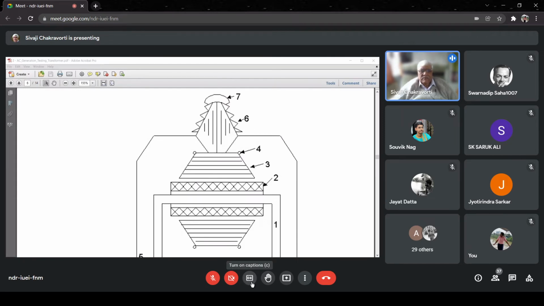Just wait, I'm searching my computer for those figures. I know I have these figures.